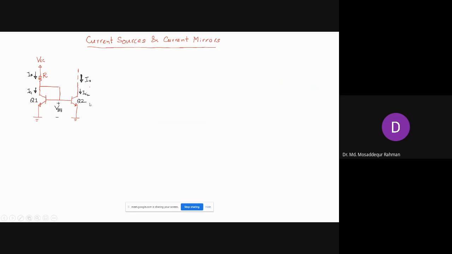In Q1, we establish a current, denoted here as IR, and that current is reproduced in Q2, denoted as I naught, also known as the output current. So the current in Q1 is reproduced as the current in Q2. That's why it's called the current mirror circuit.